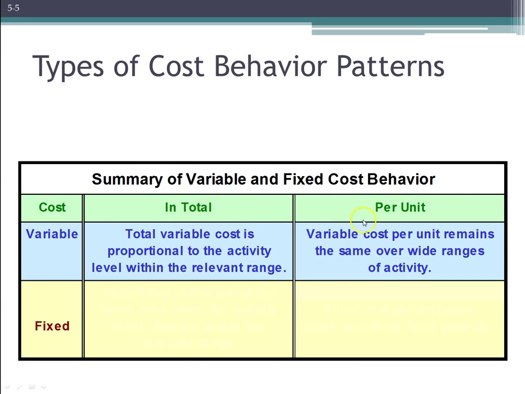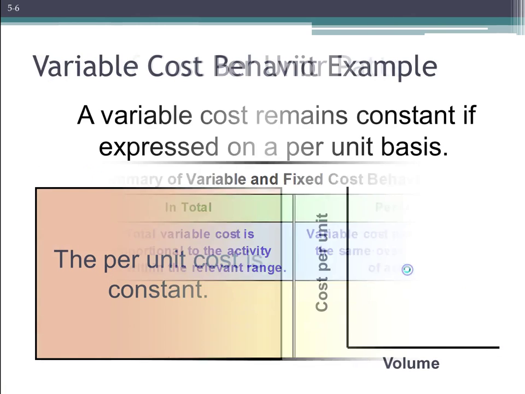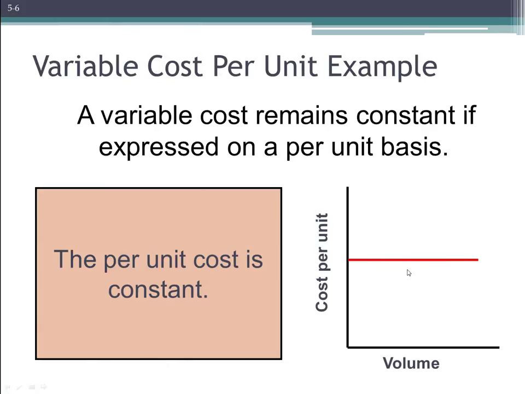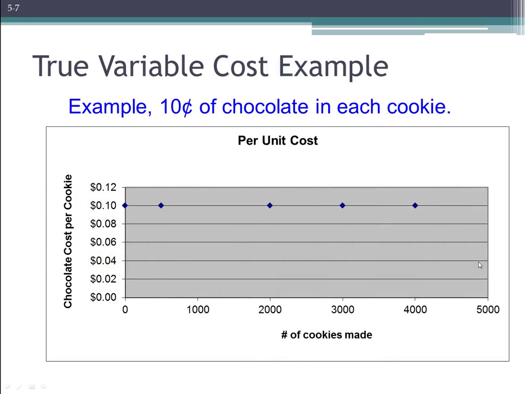A variable cost, on the other hand, on a per unit level, a true variable cost remains the exact same over a wide range of activity. Let's take a look at what I mean there. That can be shown graphically as well as follows. It's still a linear equation, but it stays exactly the same. So if we were to bake 0 cookies, of course we would have 0 cost, but anything else in the relevant range here, and that's all the way up to 5,000 cookies.